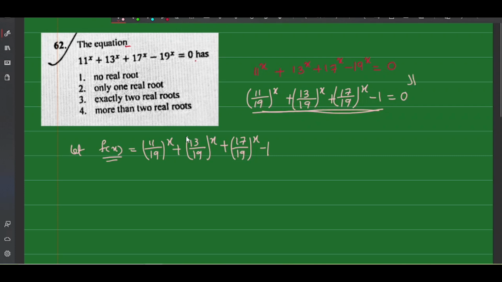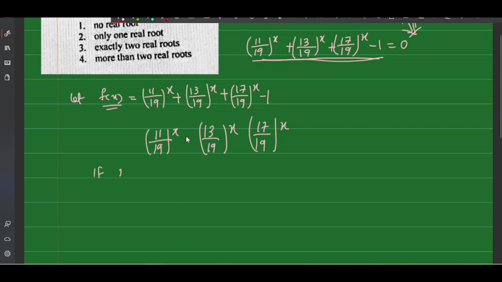Here these two equations are equivalent, so they have the same roots, and the roots of this equation will be the zeros of this function. So let's discuss the zeros of this function. Now look at this function, in which consider the expressions (11 by 19) raised to x, (13 by 19) raised to x, and (17 by 19) raised to x.